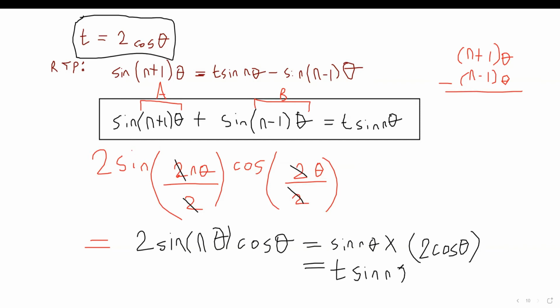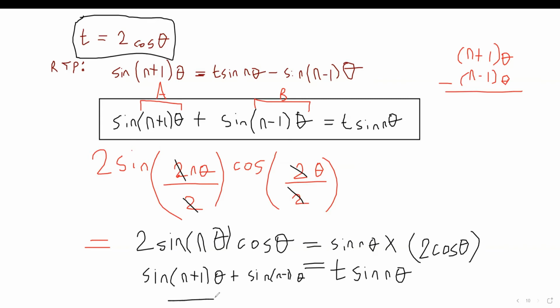So actually prove it, Marika. So we prove that sine of n plus 1 theta plus sine of n minus 1 theta equals t sine n theta, right? So you write this now, that means the sine of n plus 1 theta plus the sine of n minus 1 times theta is actually t sine n theta, and then you can subtract this from that side and end up getting the conclusion.